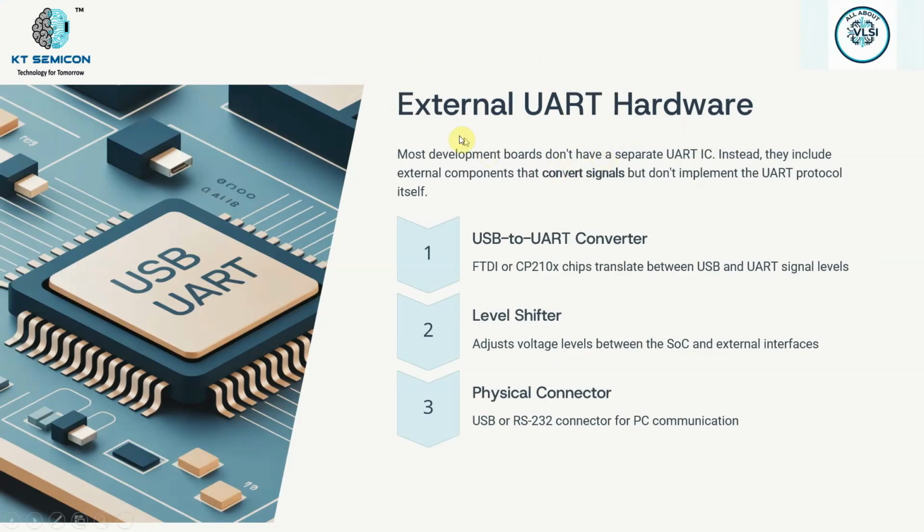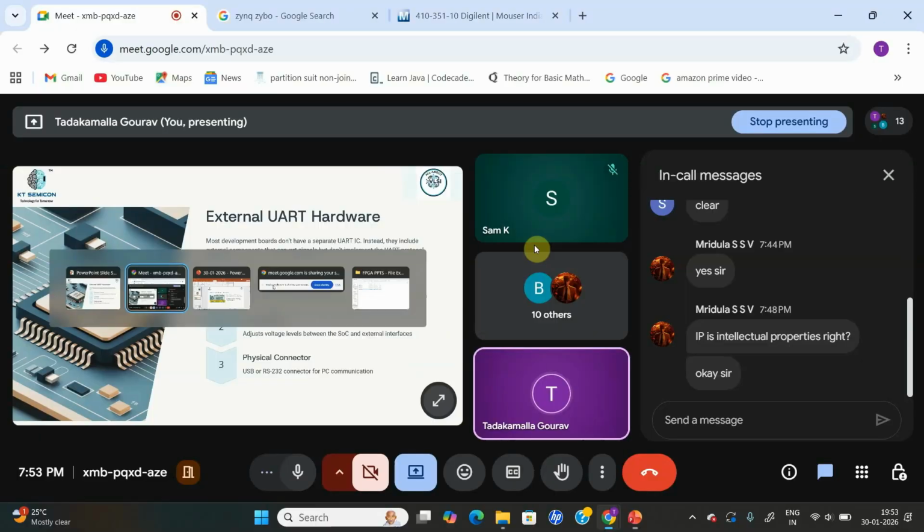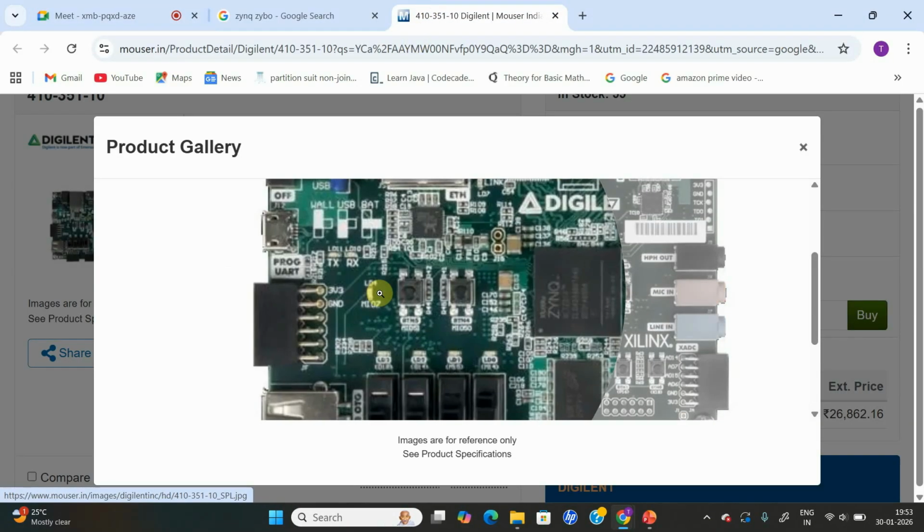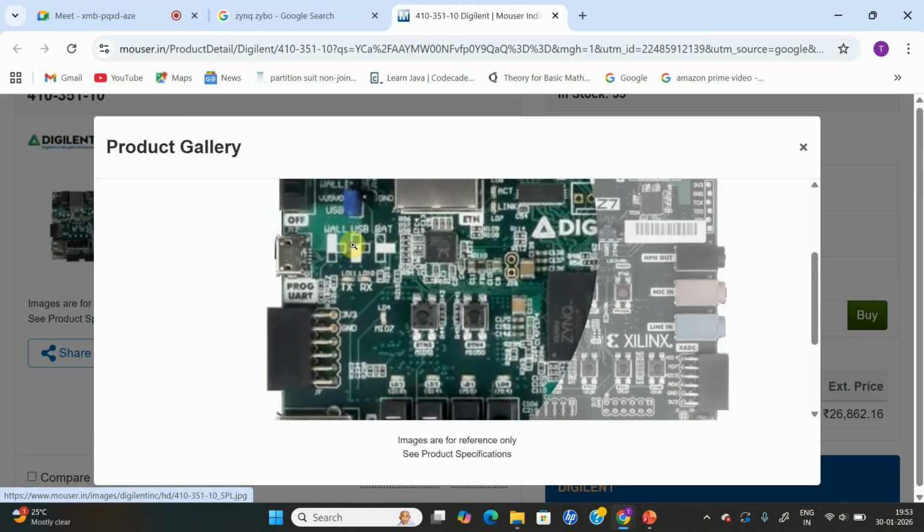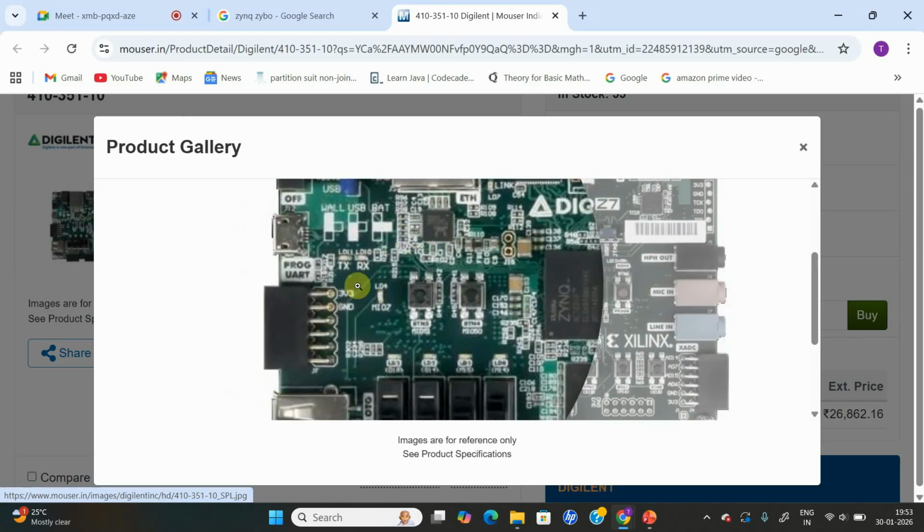So we have something known as external UART hardware. Most development boards don't have a separate UART IC. They include external components for converting the signals, but they do not implement the UART itself. That is what we have seen, right? We have something known as a USB to UART converter. Here there will be a particular chip which converts your USB to UART.